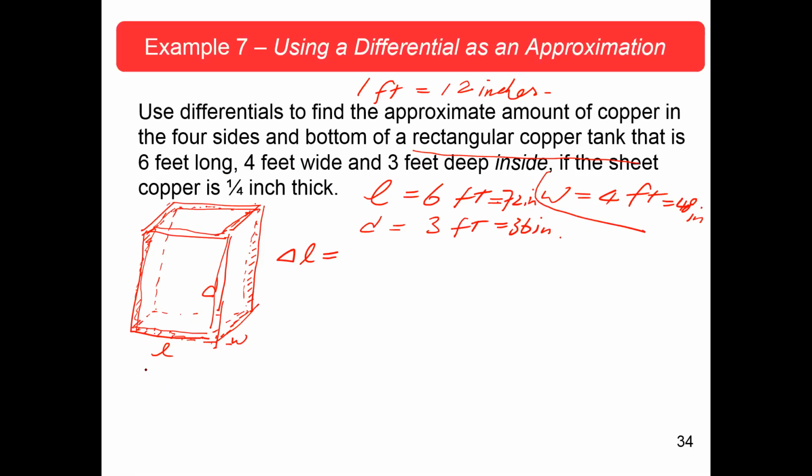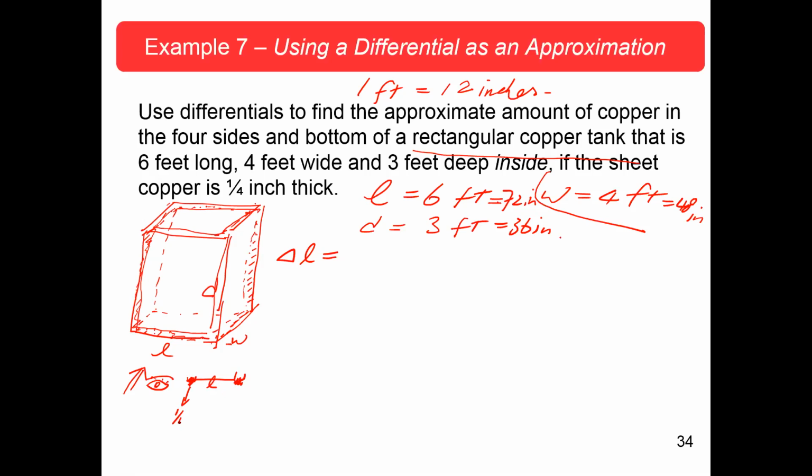Think about the length. If you take a look at this whole rectangular tank from this side, imagine your eyes are here, looking from this side. Inside is the original length. Now you have copper on the right and copper on the left. So what's the increment of the length?